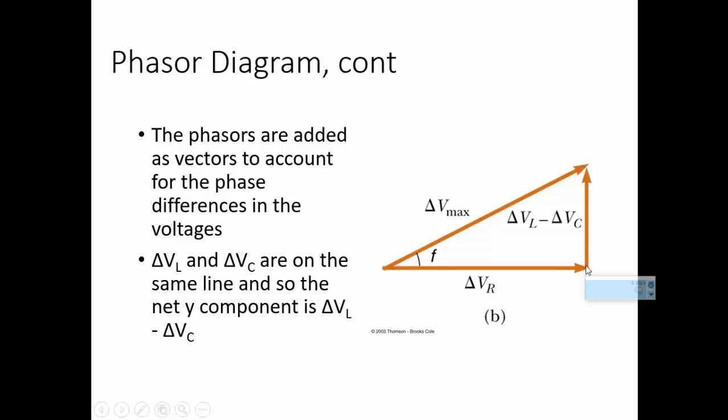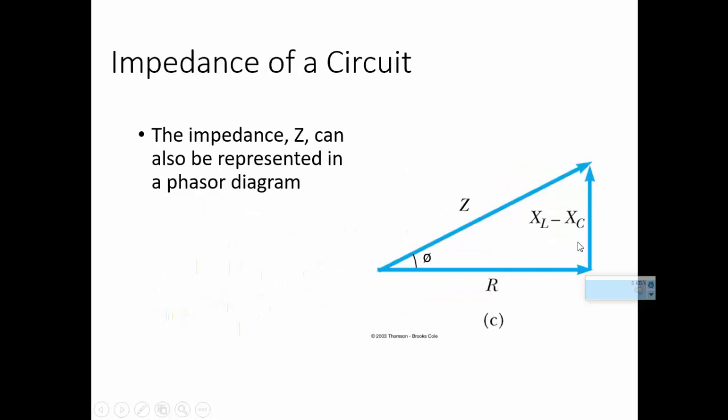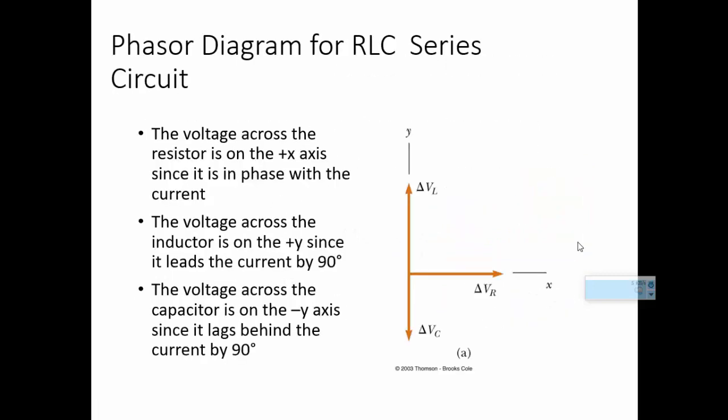There is a voltage showing in the upward direction on the y-axis, and there's one showing in the lower direction. Though it is showing this way, you can bring it this way. What that means is that we can actually subtract, because these vectors are opposite. There's a vector going there and a vector going there.